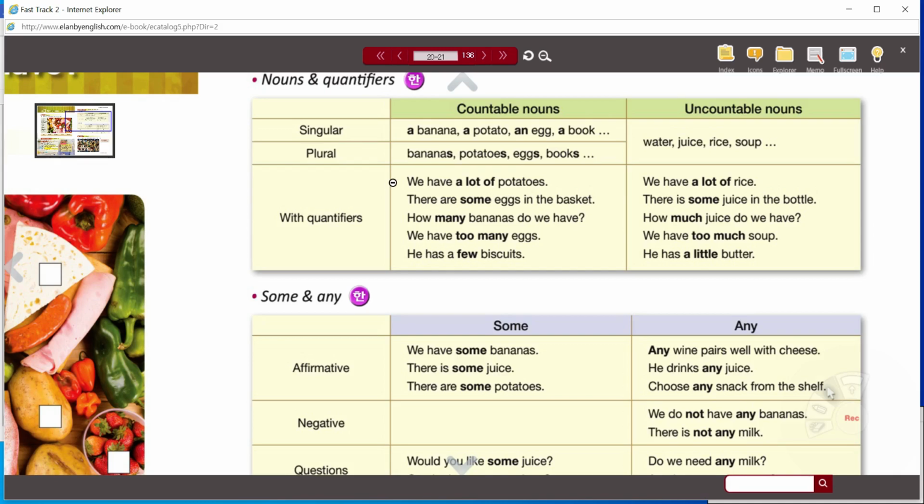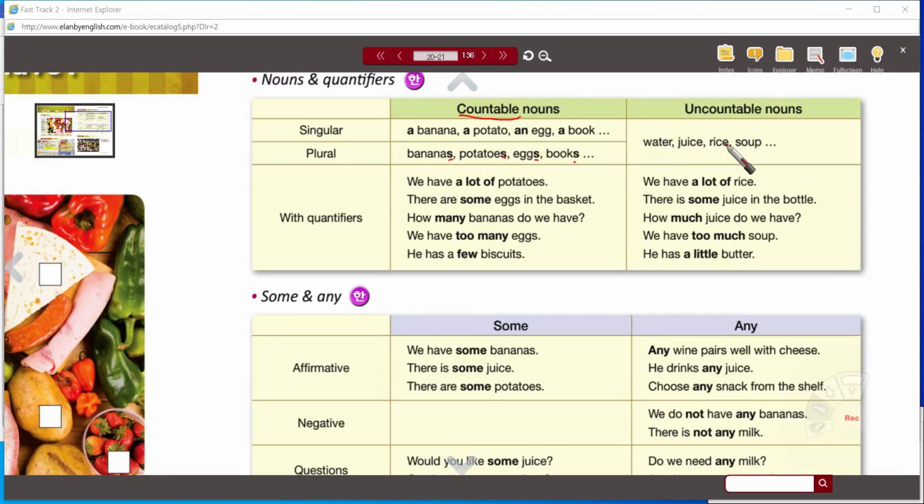And you can see the examples here with the quantifiers. Of course, in English, you're probably already familiar with the use of singular words, okay, and plurals. And these are for words that you're able to count. Okay? So any countable noun will have an S in its plural form, okay, or may have other plural forms as well.